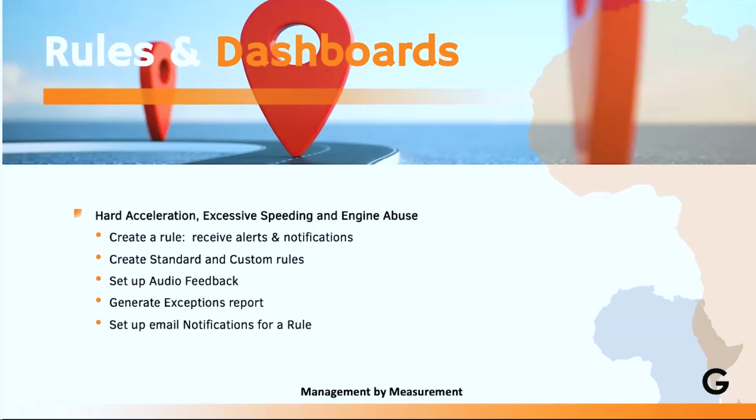For each of these rules, audio feedback can be set up, exception reports can be set up, and notifications, be it SMS or email, can be set up in cases of the rules being triggered. Geotab's advanced reporting flexibility delivers really the information you want, how you want it, and when you want it.